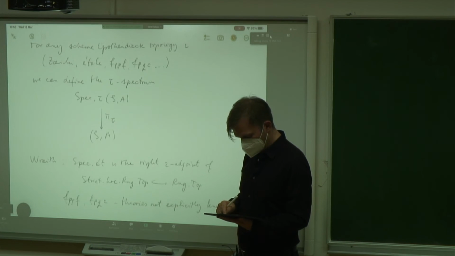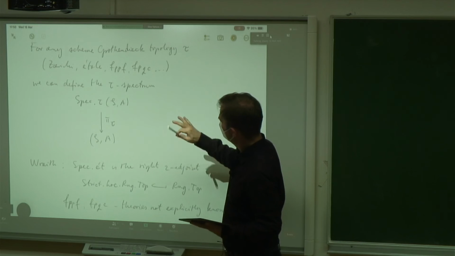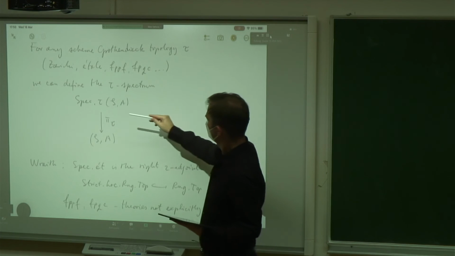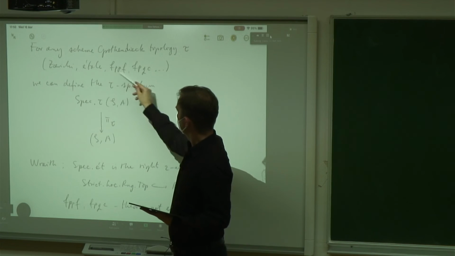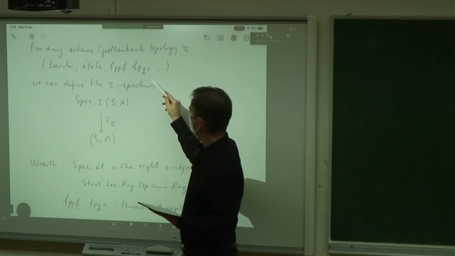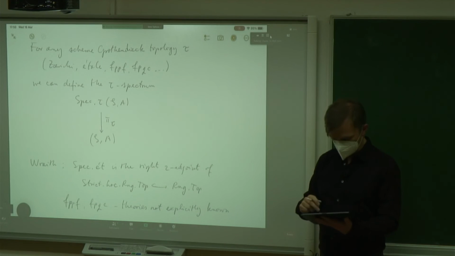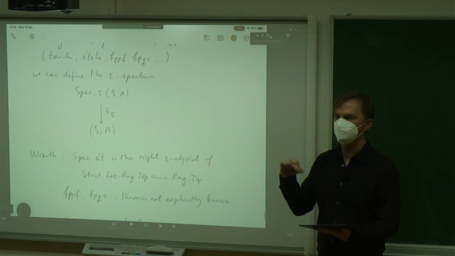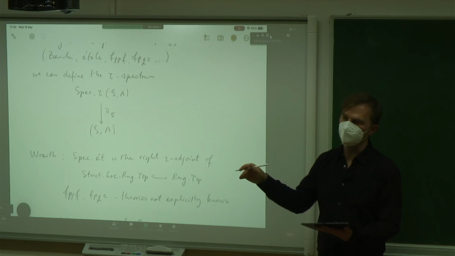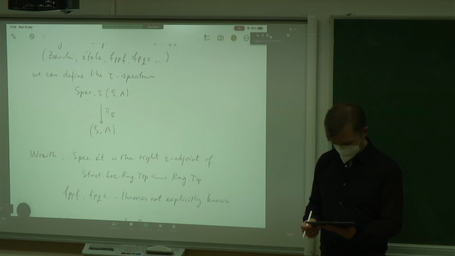But even though you can define these spectra for FPPF and FPQC topologies, so far we don't know precisely which geometric theories they correspond to. So it's not explicitly known.